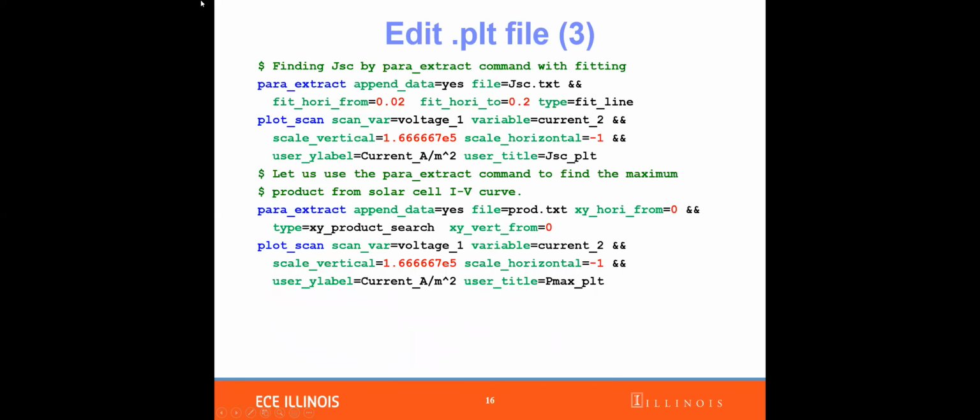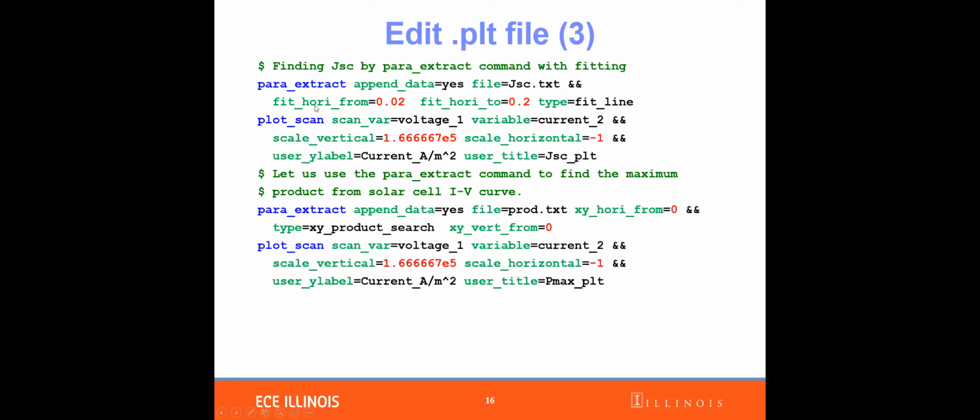And then we want to find the short circuit current density. Similarly, we use parameter extract, append data, yes. We want to store this short circuit current to jsc.txt.